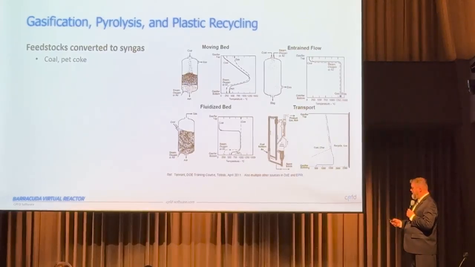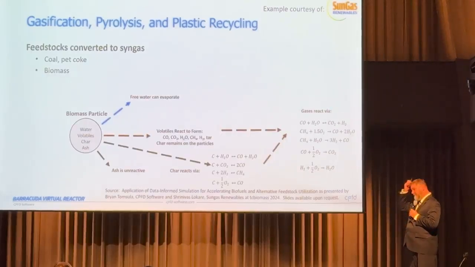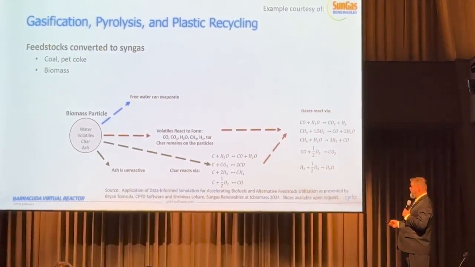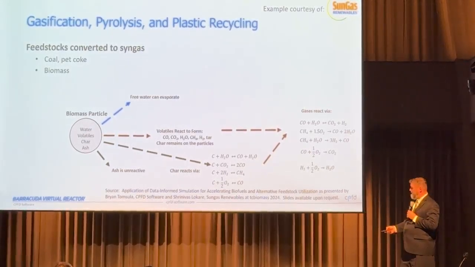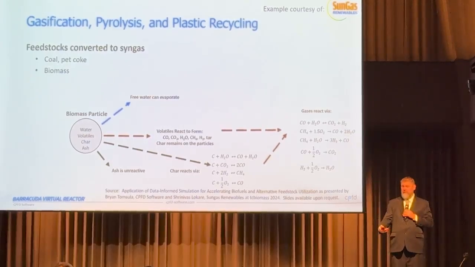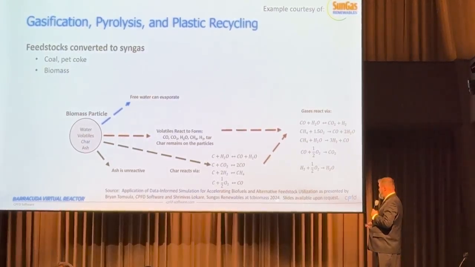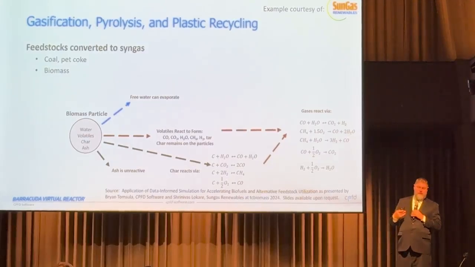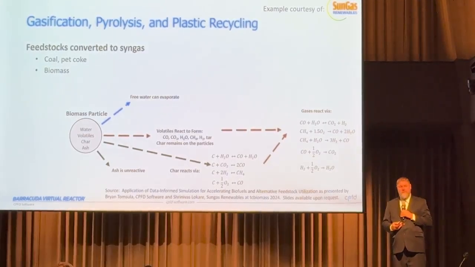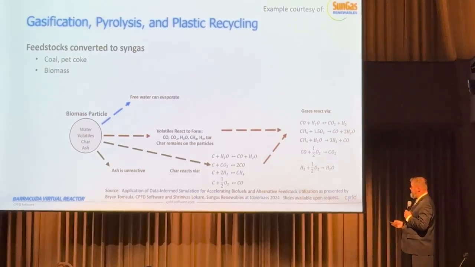And then what the trends we've seen is different feedstocks. So biomass is a little bit more complicated than coal in that there's some moisture to deal with. And this, by the way, is taken from, and again, all these slides will be made available from KW Tech. There's a reference here. This is taken from the presentation we did with Sungas Renewables a couple of years ago.